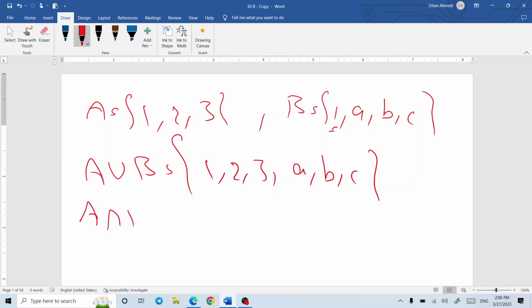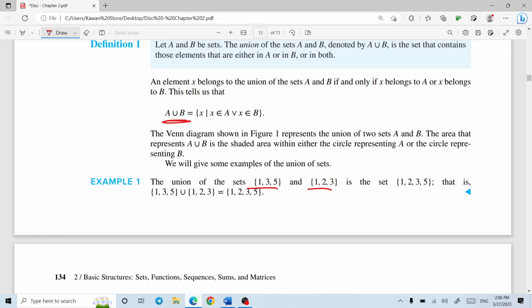And how about the intersection between A and B? I'm going to find the common elements between these two sets. I check A and B, and the only element they share is a single one. Here's the definition of the union: x in A or in B, and there's an example.